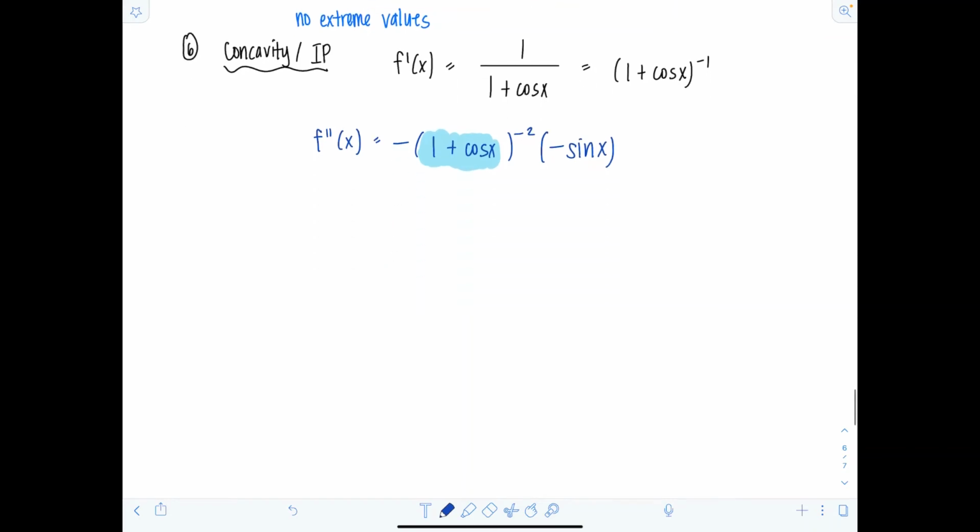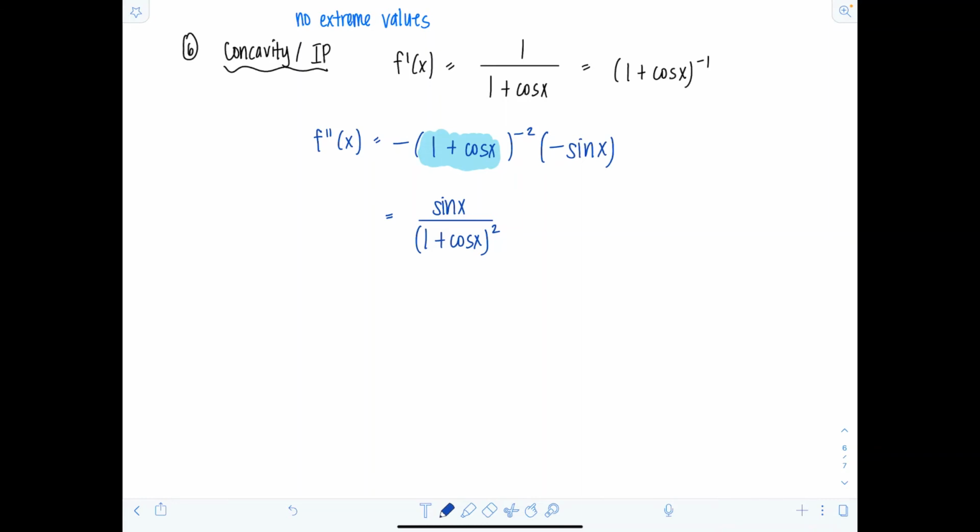Now let's clean this up. Those two negatives are going to cancel, so I have sine of x over 1 plus cosine of x, squared. Now let's see here.